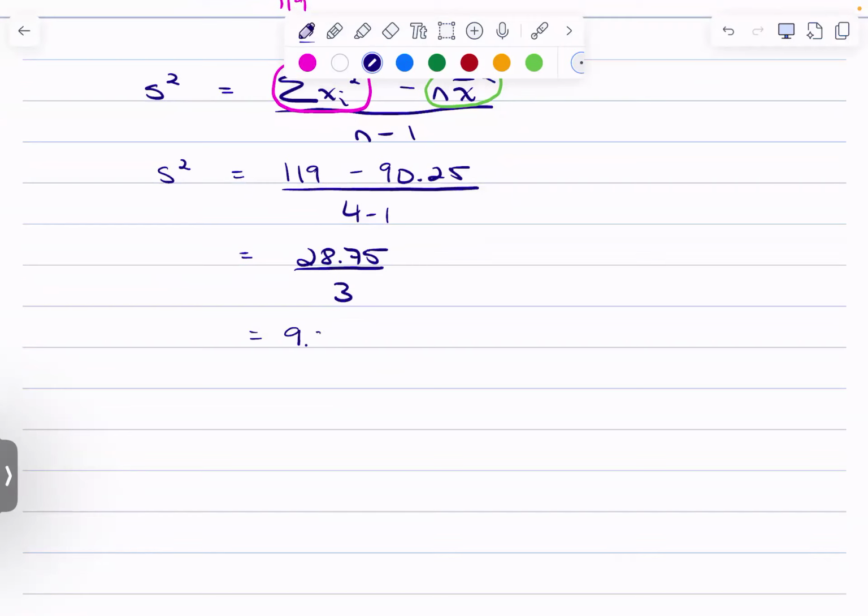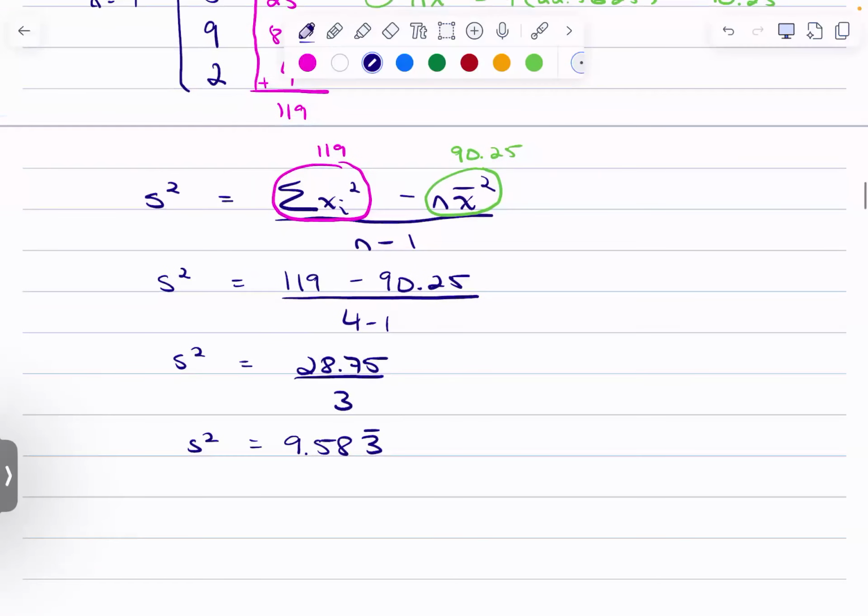I get 9.583 repeating, which you can just round to 9.583 safely. That's all right.